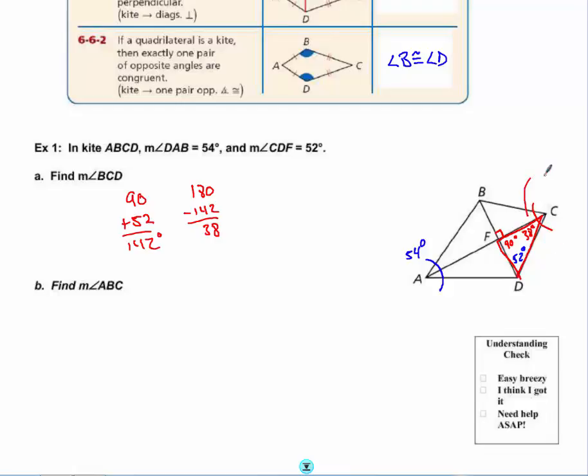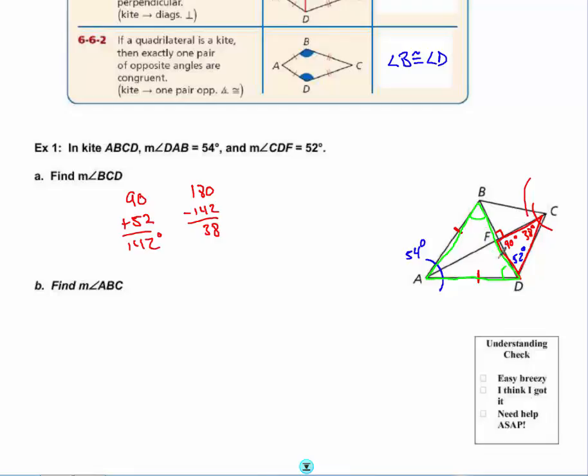Now if we could find out what this angle is, we just add them together. So something else we know is that these consecutive sides here are congruent to each other. That means that this triangle that you see here, triangle BAD, is an isosceles triangle. So that means these two angles are congruent.